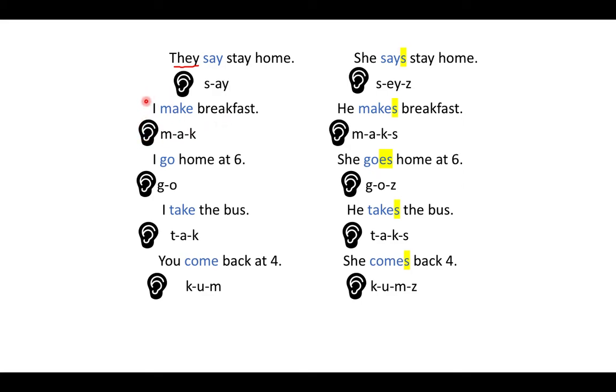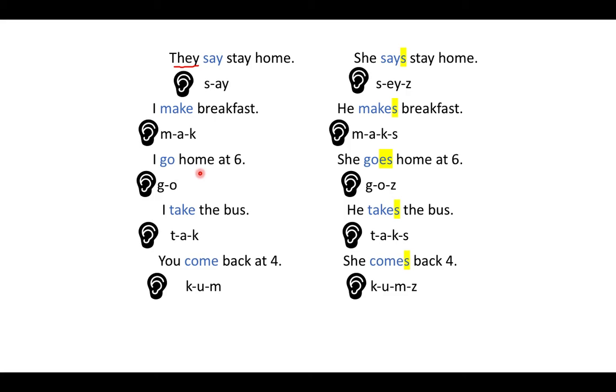I make breakfast. Because it says I, we just say make. There's no S. He, because it's a he, makes breakfast. This one's pronounced m-a-k, and this one's pronounced m-a-k-s. He makes breakfast.